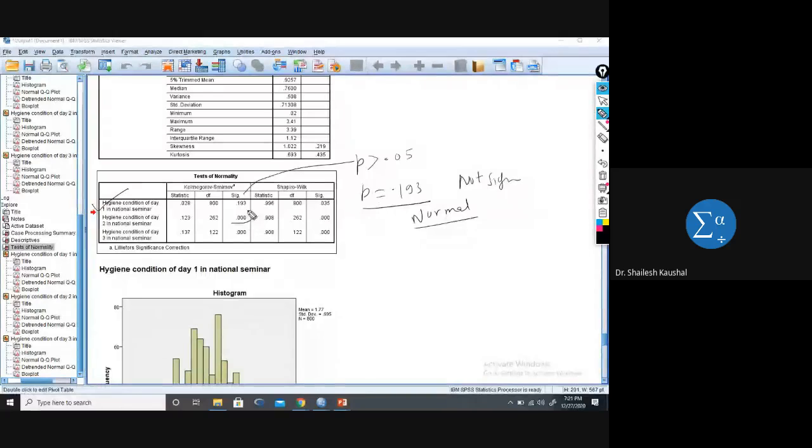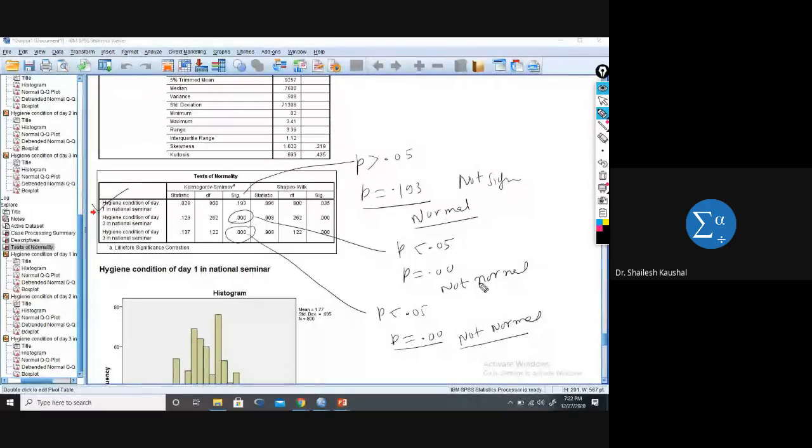Day 2, it is less than 0.05, p value 0.00. It is significant. That is why it is not normal. And the third data, again its p value is less than 0.05, the p value 0.00, and that is why the data is not normal.